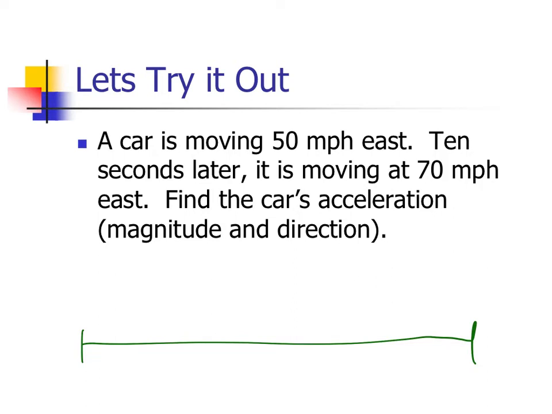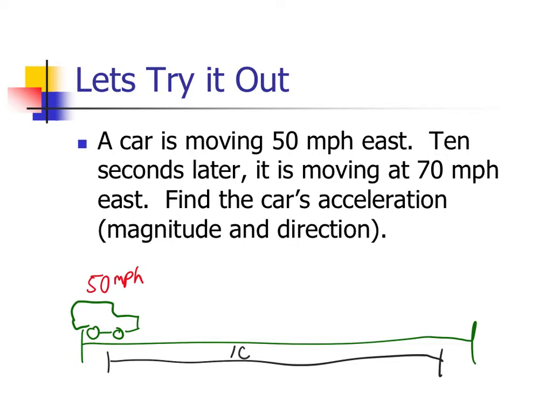We just know that a car is going at, let's say, 50 miles per hour. We have a time difference of 10 seconds. And from those two spots, it changes and it's going east here at 70 miles per hour.